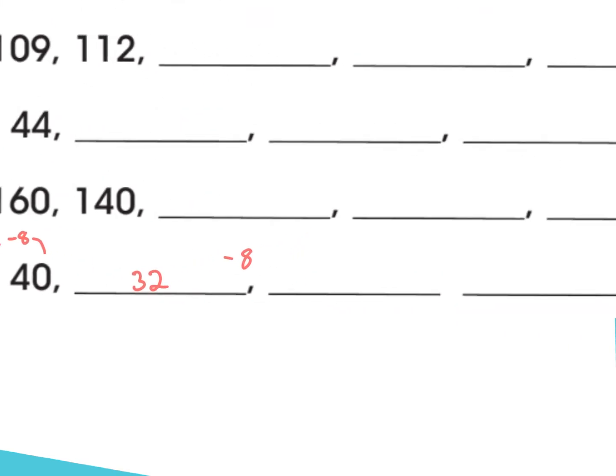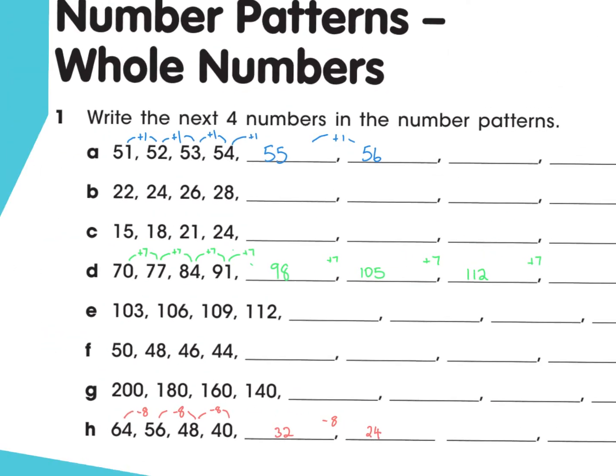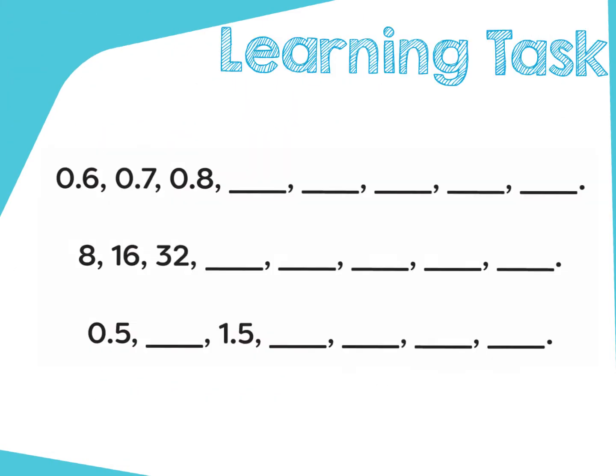Now, 32 minus 8 is 26. Oh, my apologies, 24. So that's how we work it out. When we're looking at patterns in algebra, we need to figure out what those patterns are. Okay, so that's what we're looking at. All right, on to the next one, please.